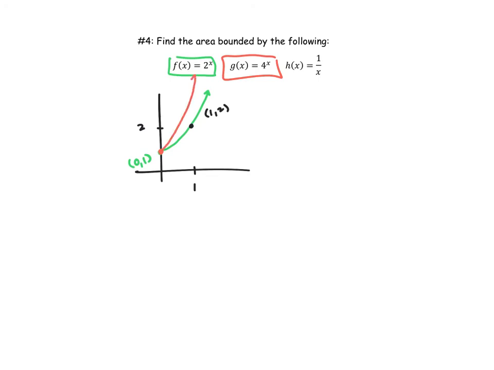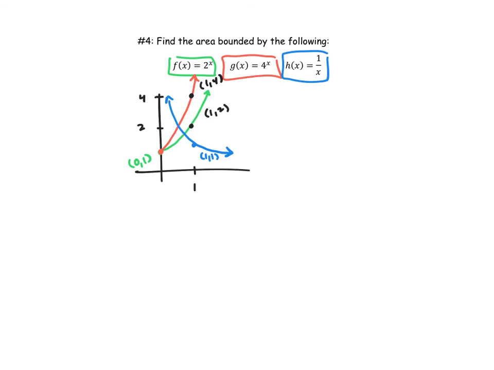And then it would go through the point 1, 4. And then 1 over x, h of x, that is, would be something kind of like this. It's not perfect, but this would be the point 1, 1.